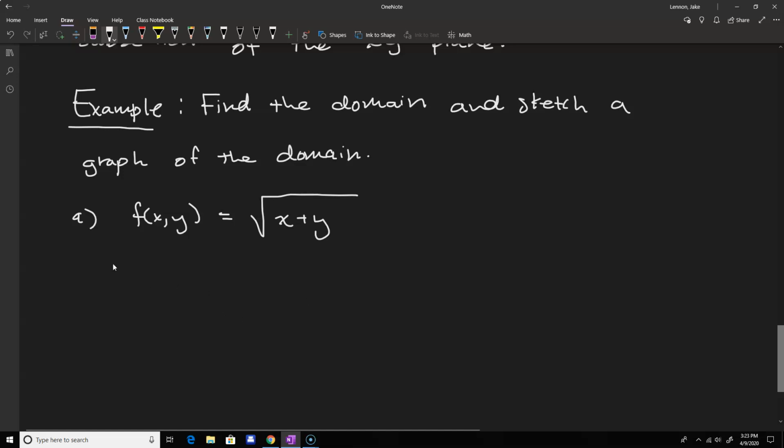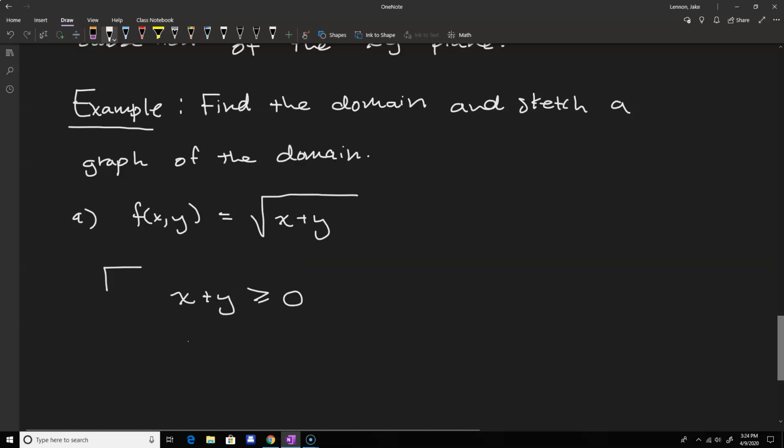So the domain has to satisfy x plus y has to be bigger than or equal to 0, because if x plus y were a negative number, we would be taking the square root of a negative value. And so that would not be a real output value.